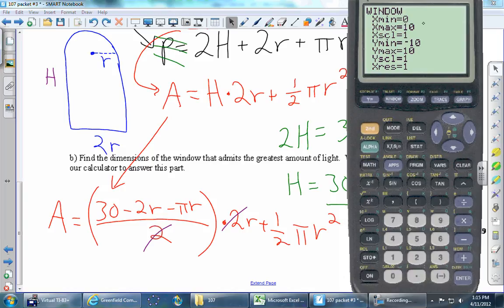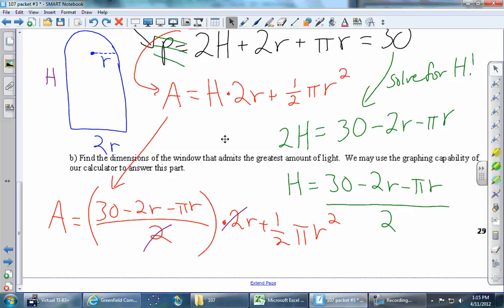Would it be more than 30? Let's see. I mean, if your radius here was 30, then what do you think about the amount of stuff on the circle? Yeah, perimeter can't be more than 30. So what if that's a 15? What do you think about the perimeter? More or less than 30?